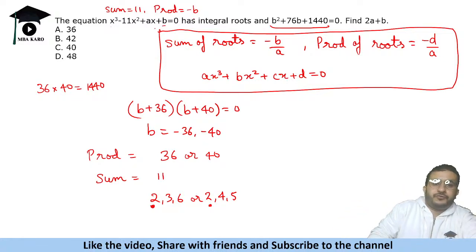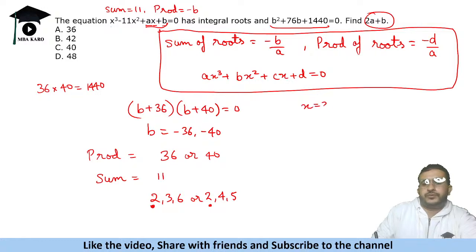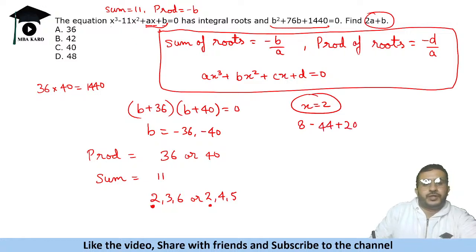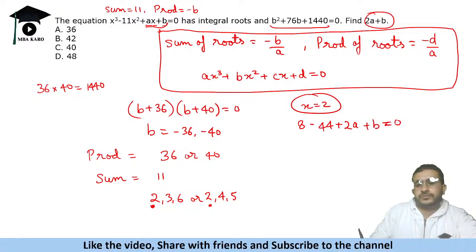Either of the case 2 is a root for sure. Now if we have to find the expression 2a plus b, तो हम यहाँ पे 2 रख देंगे, so we will get the value of this. So put x is equal to 2. So this will be 8 minus 11 into 4 is 44 plus 2a plus b equals 0. Okay, so we get 2a plus b equals 36.